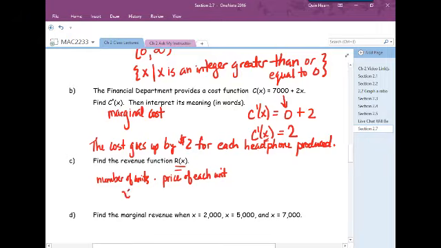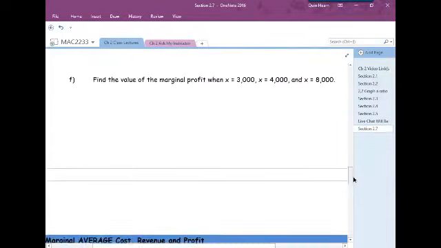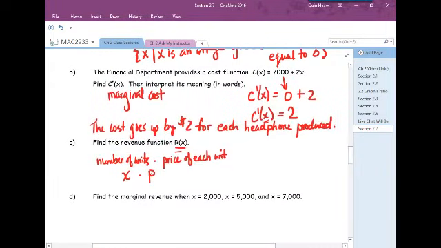In this case, the number of units is X, and the price of each unit is P. Remember, we had X times P up here. But we found what P represents in terms of X. We got P by itself, and P was equal to negative 1/1000th of X plus 10. So for our revenue function, which is number of units times price per unit, we multiply X times what P is actually equal to, negative 1/1000th of X plus 10.